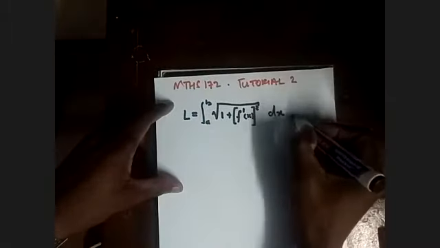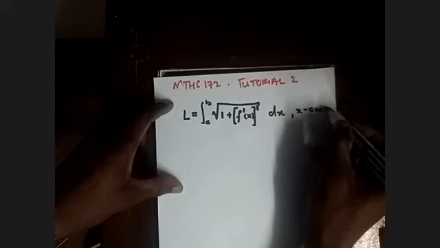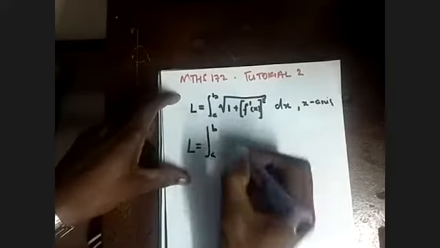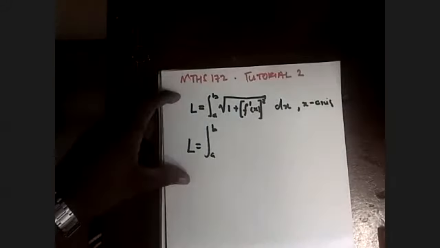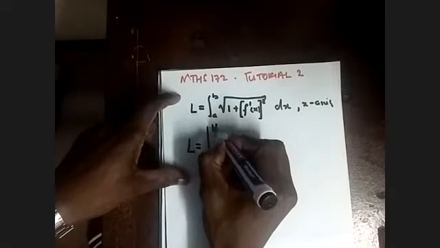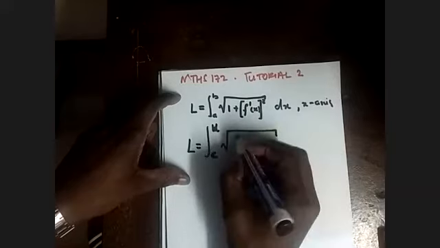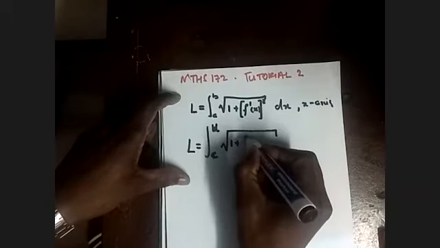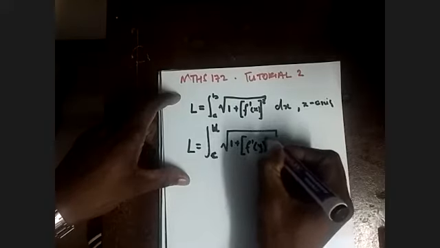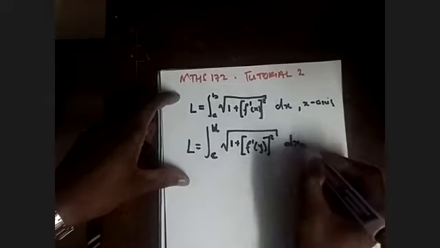This is when you are given the function in terms of x. When you're given it in terms of y, let me use c and d, because you might think of a. It is the integral from c to d of the root of 1 plus f prime at y squared dy.